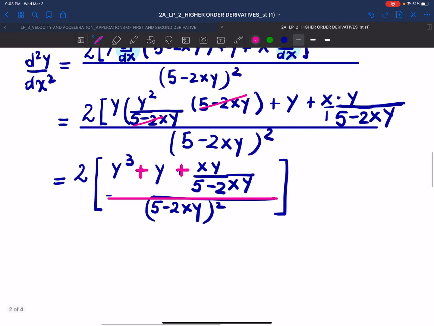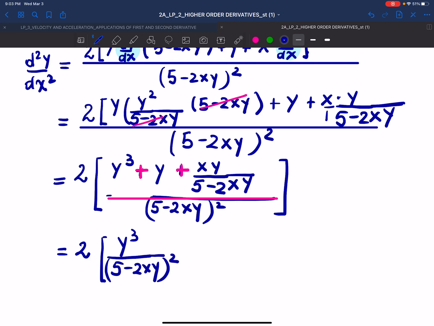So one thing that I'm going to do here in this case is leave 2 out, and we'll have y to the power of 3 over (5 minus 2xy) to the power of 2, plus y over 5 minus 2xy to the power of 2, plus xy over 5 minus 2xy.